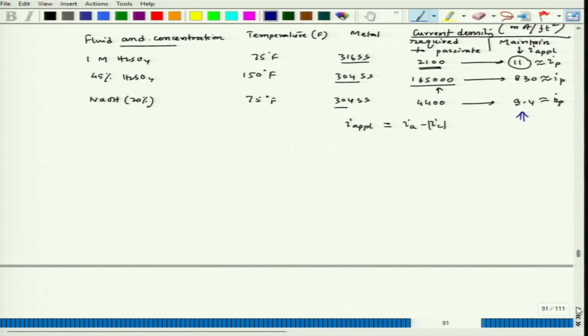One difference is that in one case we need an external power source, in another case we need no external power source, but there are some other differences. So, let us talk about that. Differences between ICCP and sacrificial anode.